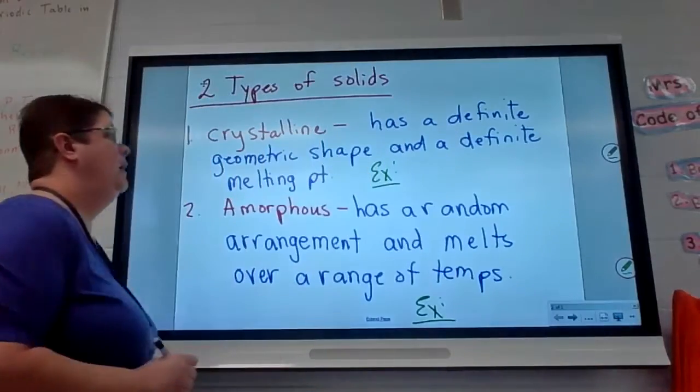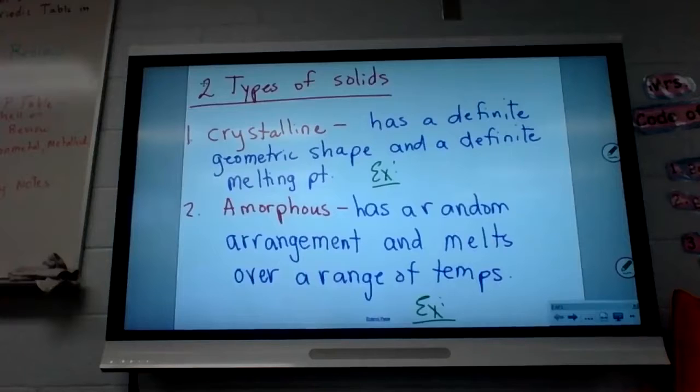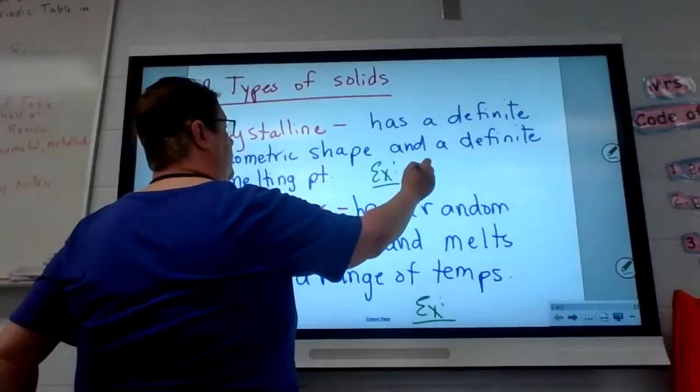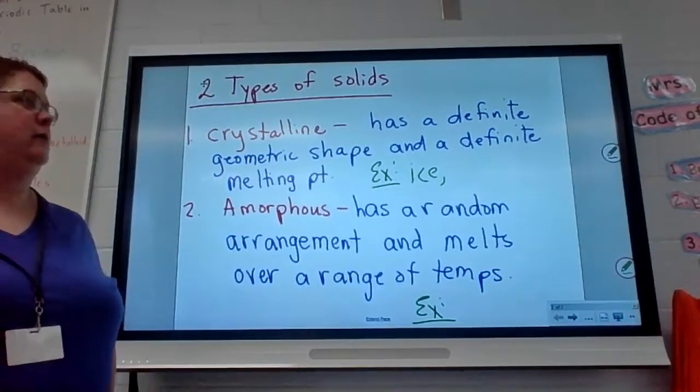Now, we want to write down some examples of both. So, ice would be what? Ice would be crystalline. Sugar. Something else.